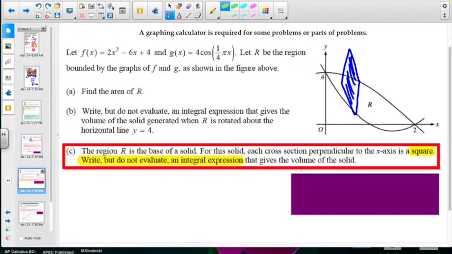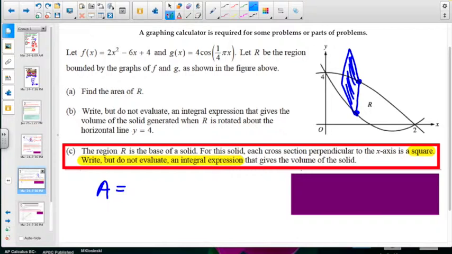Well, the square is telling us that we know to find the area function, okay? So to find our area function, we're going to have to determine the length of that side. Okay, so we're going to have to take the difference of two functions again, right?